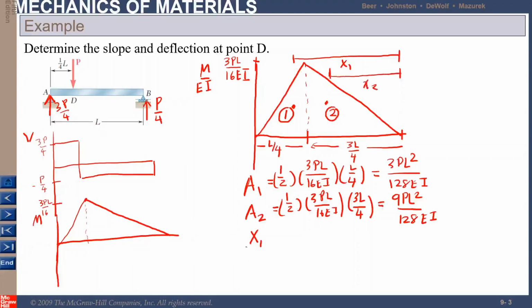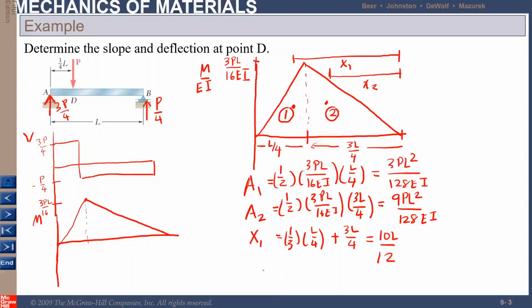So for x1, the value will be 1 over 3 times L over 4 plus 3L over 4. So we will get 10L over 12.